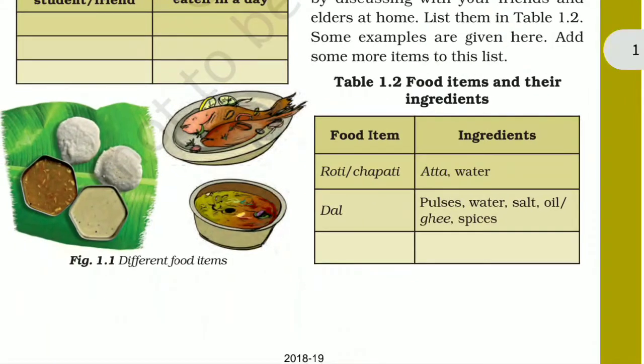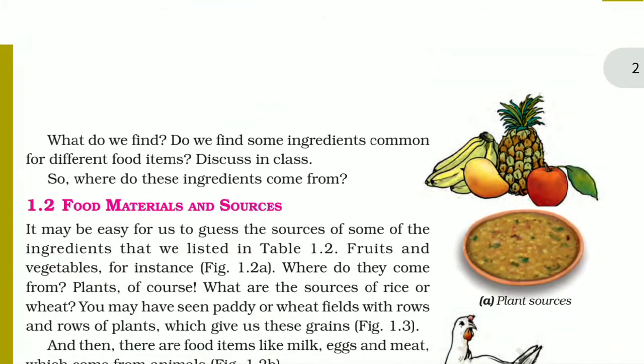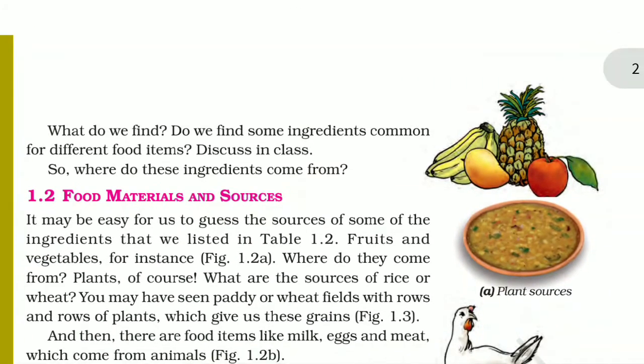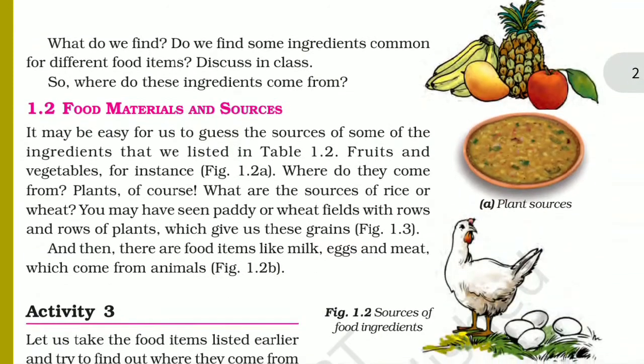If I made roti, atta and water would be used. If I prepare dal, pulses, water, salt, oil, ghee, spices. So you can make any other things also. What do we find? Do we find some ingredients common to different food items? So they have written that we find some items which are not found in this.